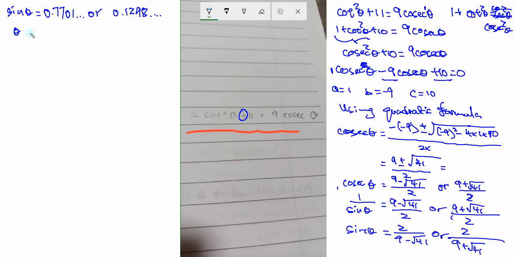Now therefore theta, let's work on sine theta equal to 0.7701.